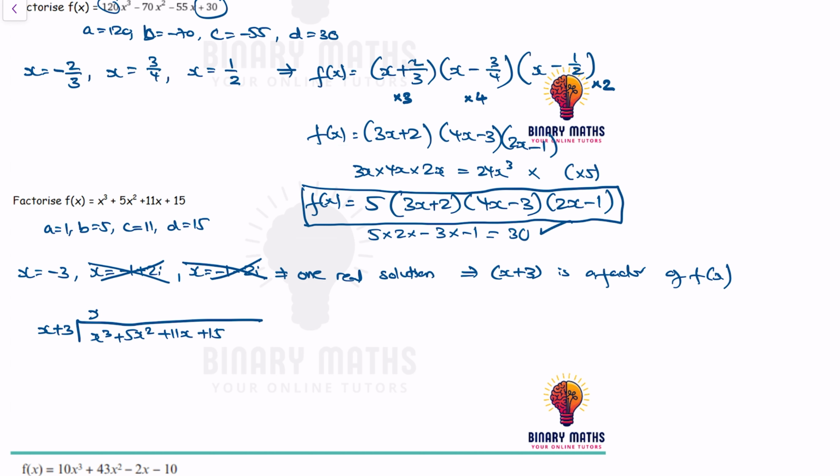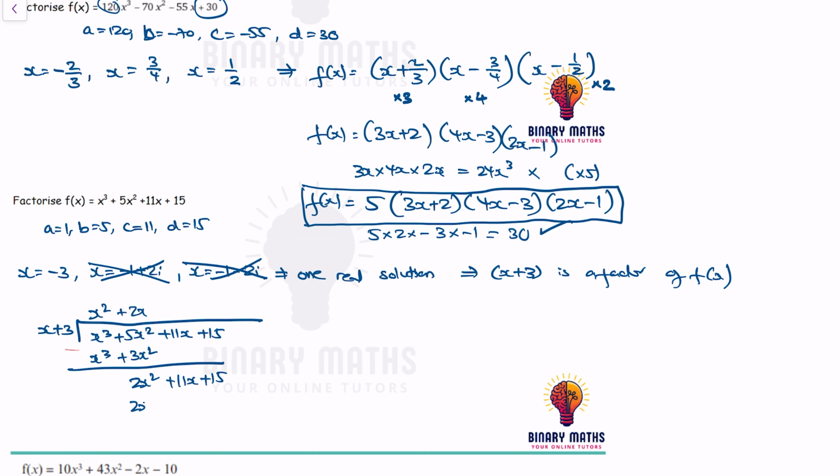That means x times x squared gives me x cubed. If I do a subtraction now, I get 5x squared take away 3x squared, which gives me 2x squared plus 11x plus 15. x times 2x gives me 2x squared.